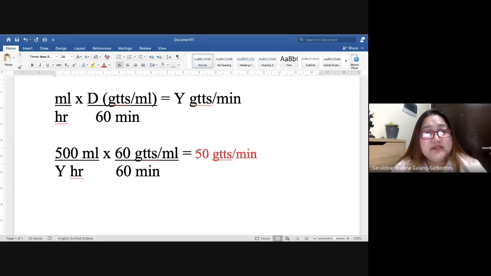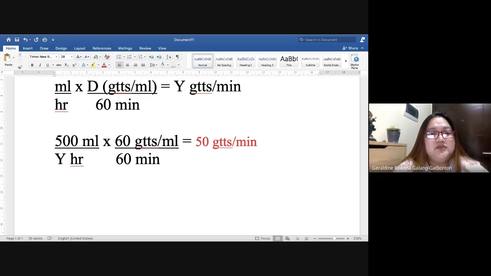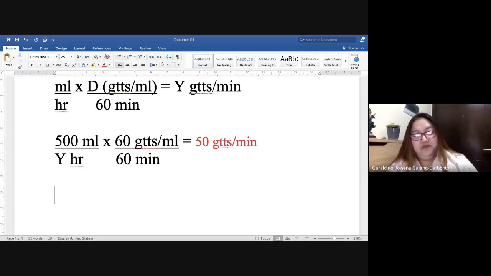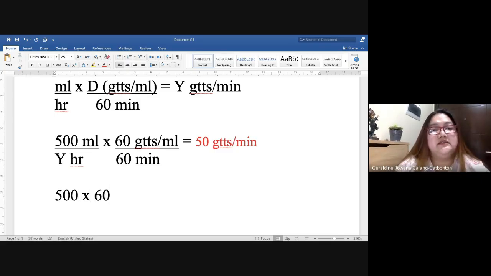Kung may equal sign, pwede ko silang i-cross multiply. So, again, tatanggalin ko muna lahat ng units of measurement. Okay? So, ang pwede mong gawin dyan, 500 times 60. Okay? And then, y times 60.